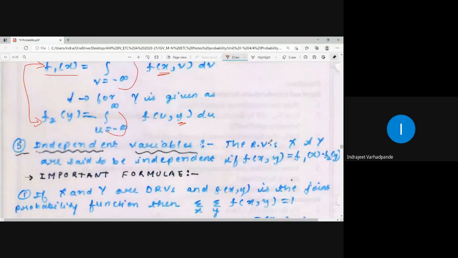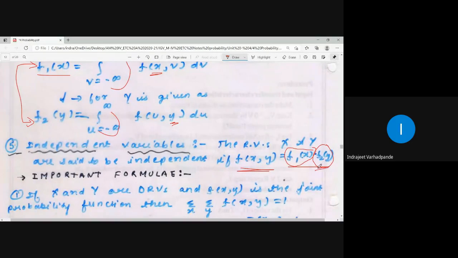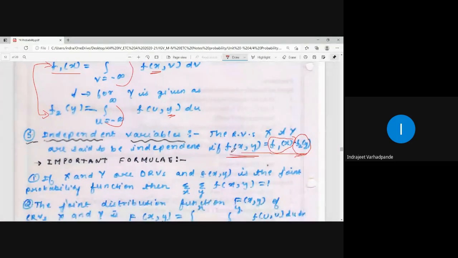Independent variables: the random variables are said to be independent when f of xy, the joint density function, is expressed as the product of the marginal density function of x, that is f1 of x, and the marginal density function of y, which we call f2 of y. So that is how the product is to be expressed. Then we say that the random variables are independent random variables.